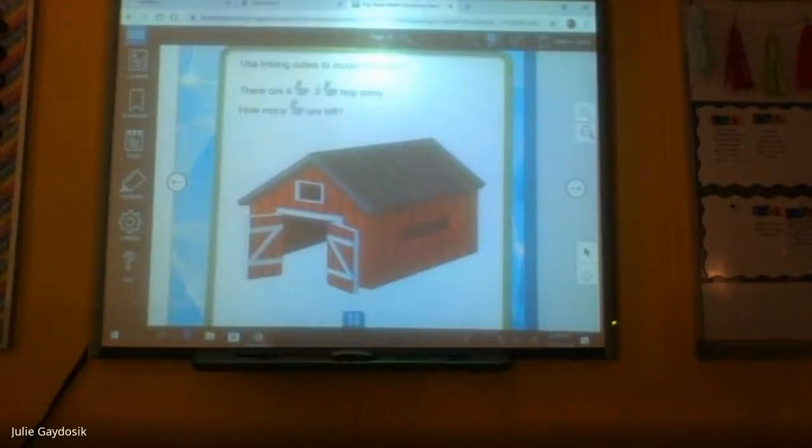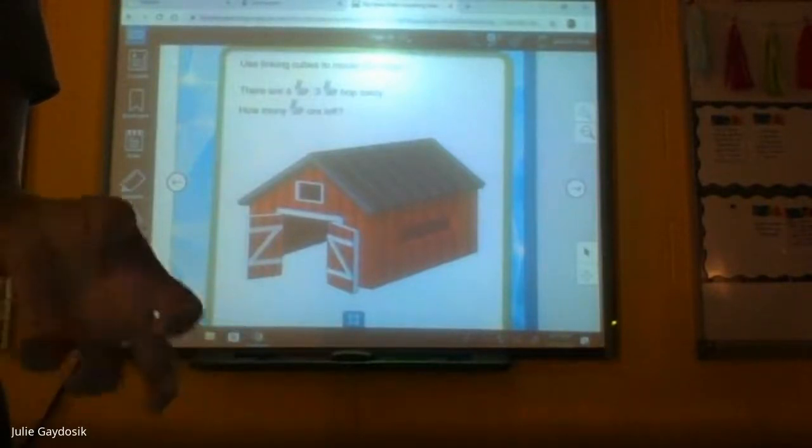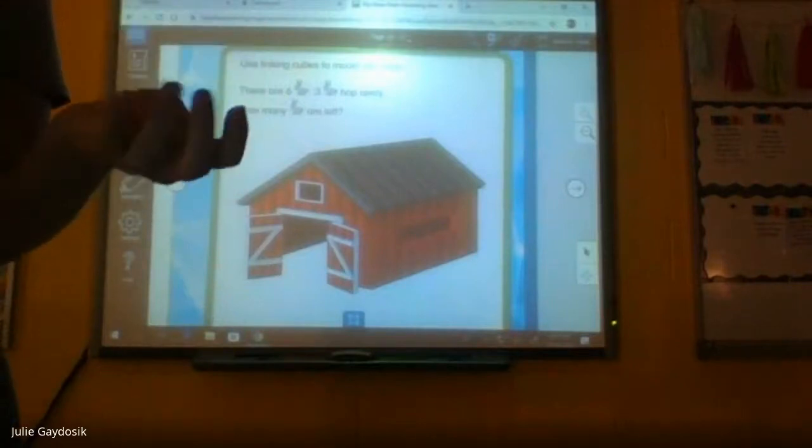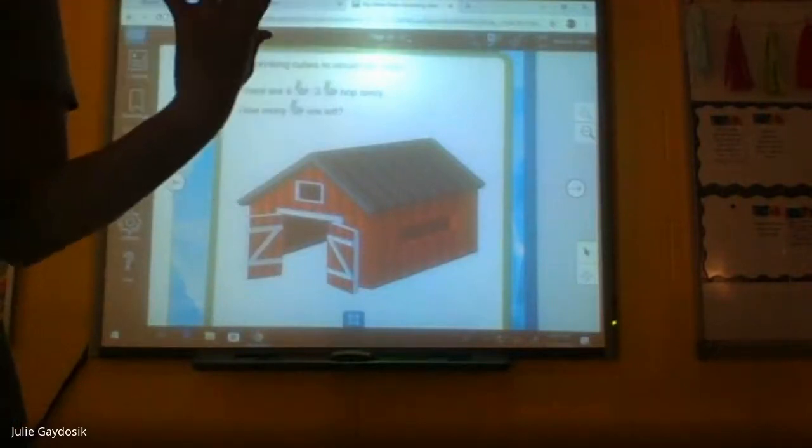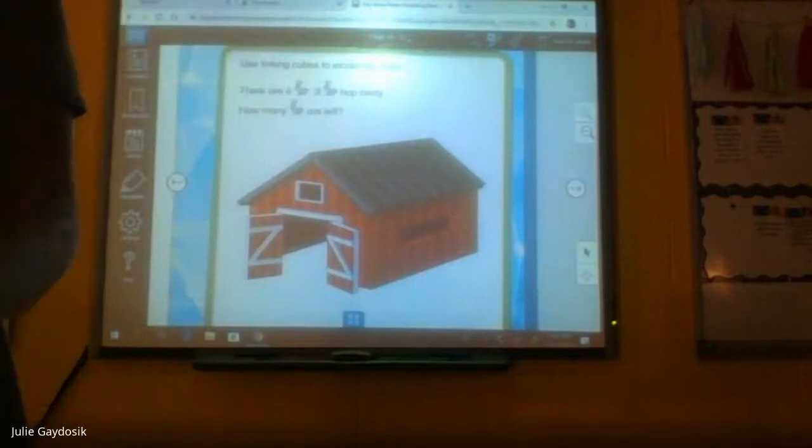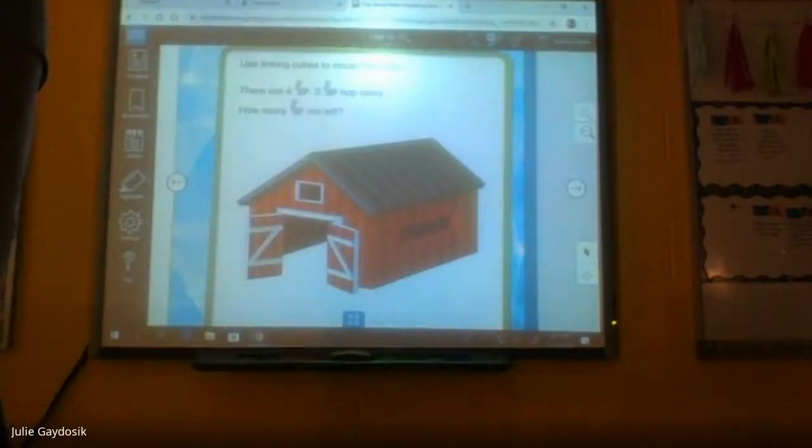This says use linking cubes to model the story, but you can always use counters. Like my kids, I know you have beads, so you can always use different things to count these objects, okay? It says there are 6 bunnies and 3 hop away. How many bunnies are left?